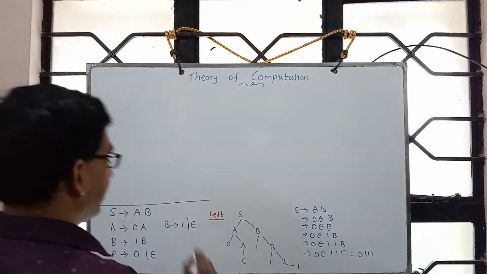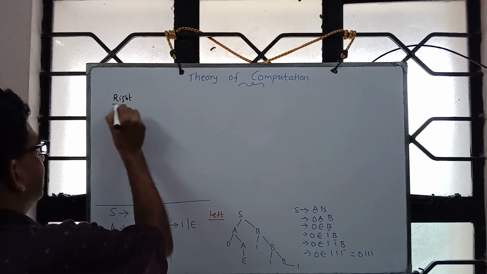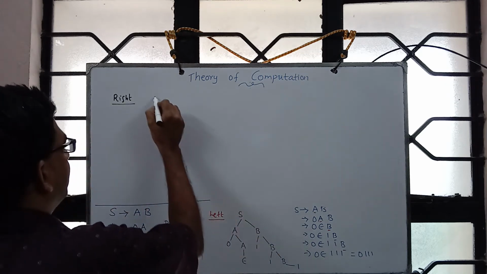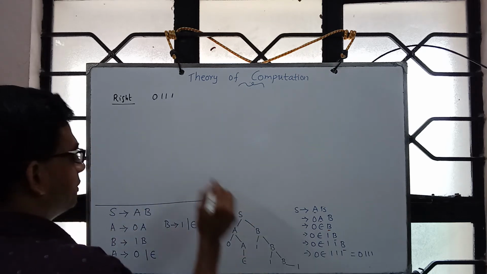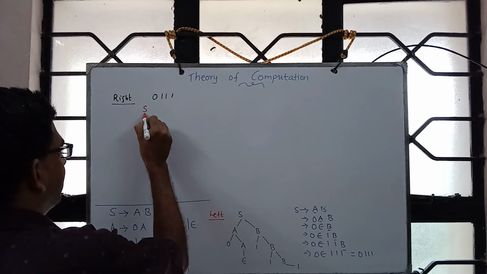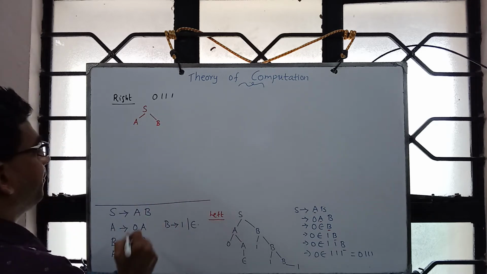So for the same string, let's attempt a rightmost derivation. So we need 0 triple 1. What we do, we start from S and then we choose this.